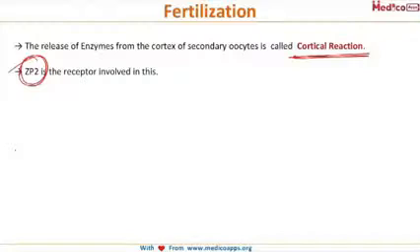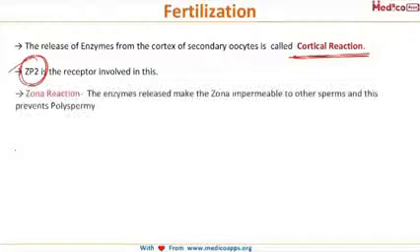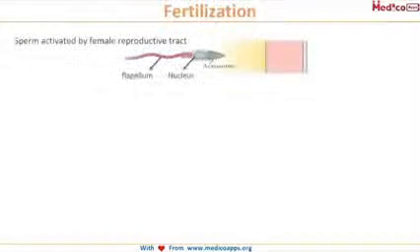Now, the release of the enzymes from the cortex of the secondary oocyte causes hardening of the zona pellucida and this is called zona reaction. And it is because of this hardening that the zona becomes impermeable to the other sperms and thus it prevents polyspermy.